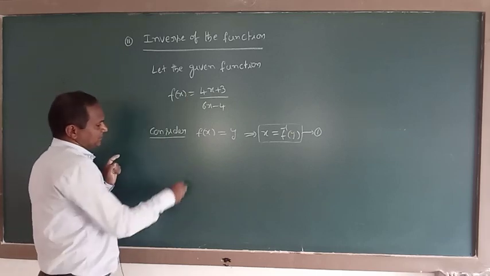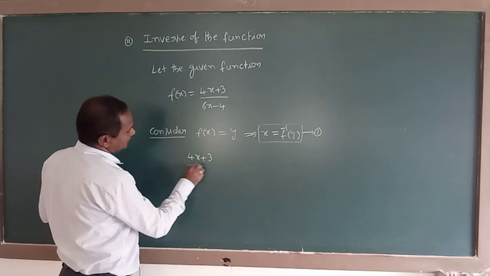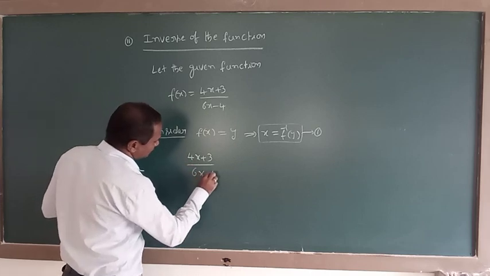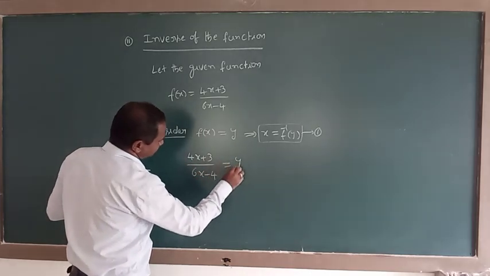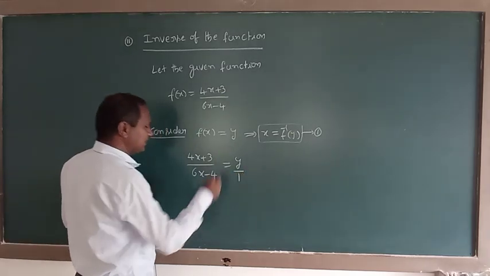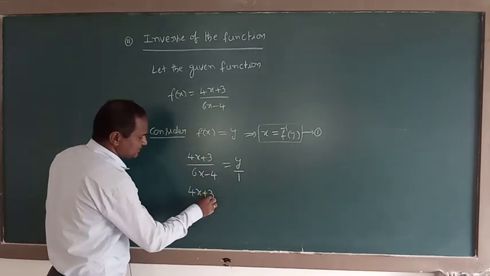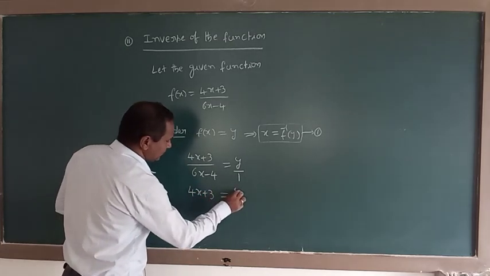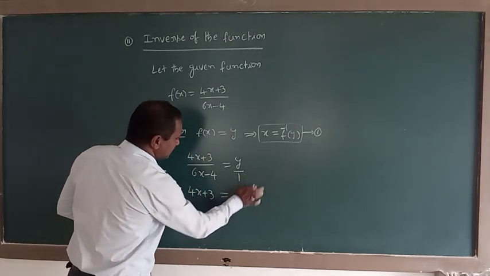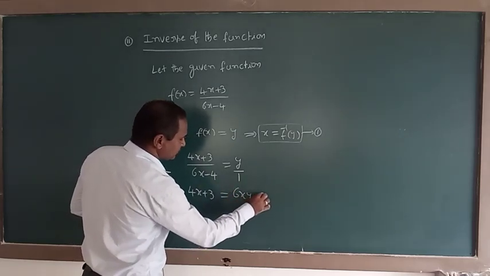F of x means we have 4x plus 3 whole divided by 6x minus 4 is equal to y. Here there is nothing, so we consider 1 here. Taking cross multiplication, 4x plus 3 is equal to y into 6x minus 4, that is 6xy minus 4y here.